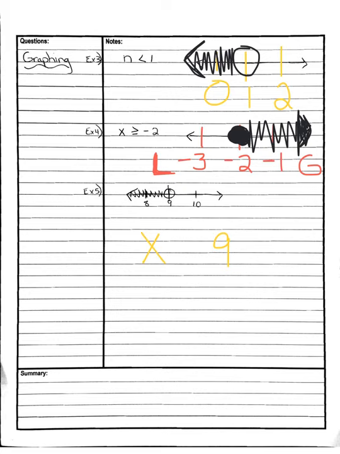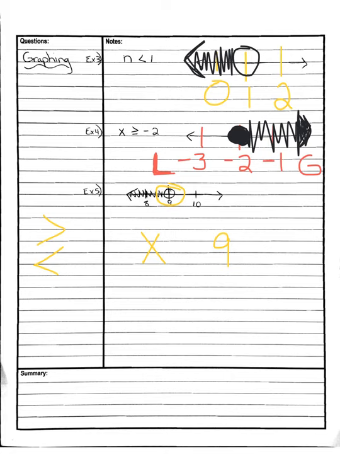And what we have to figure out is that inequality symbol that goes between the X and the 9. And so we need to look at the circle. And the circle is open, which means it either has to be a greater than symbol or a less than symbol. We will not have a line underneath it because it's not equal to. It's an open circle.